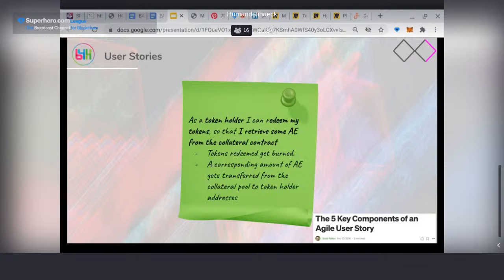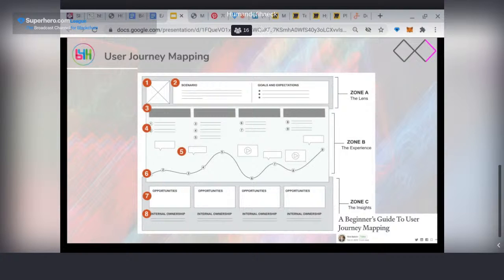An example more related to our context here is, as a token holder, I can redeem my tokens so that I retrieve some AE from a collateral contract. Okay, this maybe makes no sense if you are not sharing a node context, which I'm not, but this is just an example. And then define your acceptance criteria there.